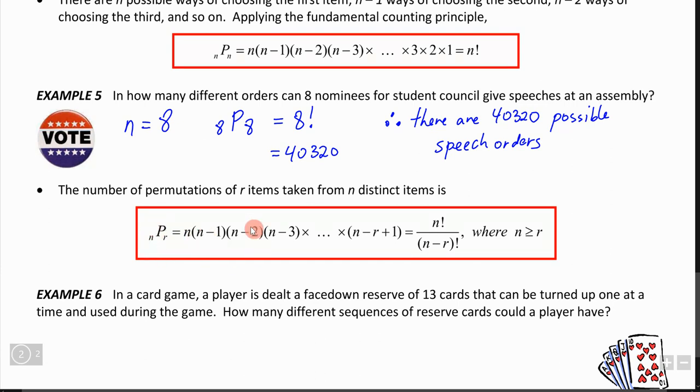To deal with a problem like this, we use the multiplicative counting principle: n times n minus 1 times n minus 2 times n minus 3, all the way down to n minus r plus 1, because you're not arranging them all.